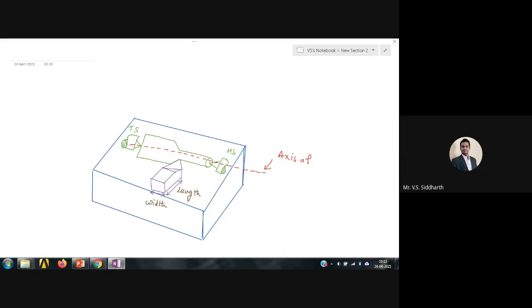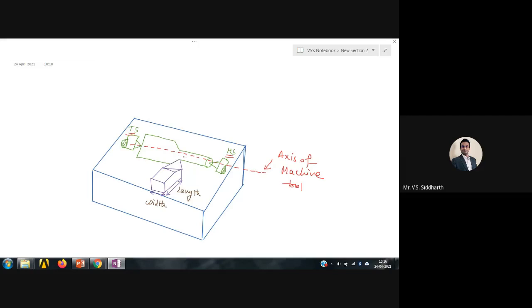Axis of the machine, because this is the axis between the headstock and tailstock. The axis is the line which is passing through the headstock and tailstock. Machine means machine tool. We have a lathe machine, and this red line is the axis of that lathe machine.